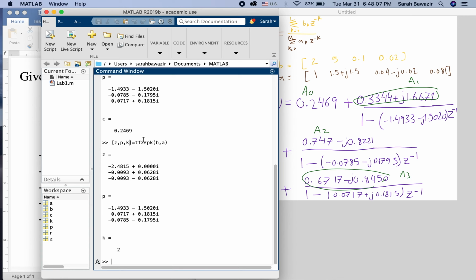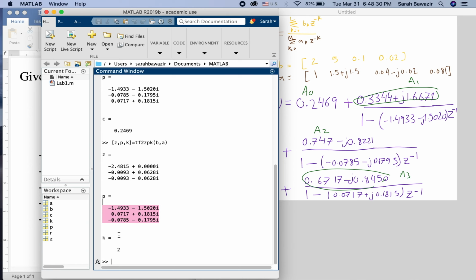It's to basically view or write the transfer function in another form, but we are not concerned with that right now. What we want is the values of the zeros and the poles, and these are the values of the zeros, and these are the values of the poles.